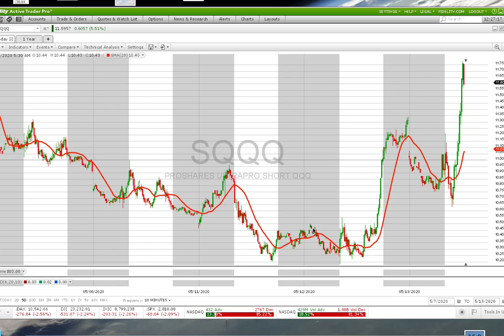So for this trading day here, initially we set it, let me get a highlighter here. We set it basically right there, right above that at 1050.